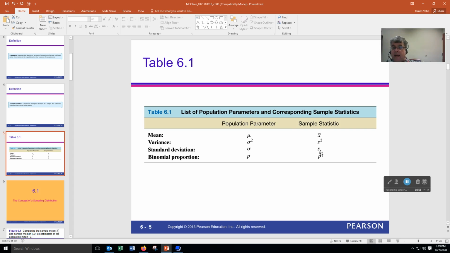Okay. This sample variance and standard deviation, those are our best guesses as to what these population parameters actually are. And then when we do binomial proportions, we use p hat if it's from a sample, and we might infer about p, the binomial proportion.